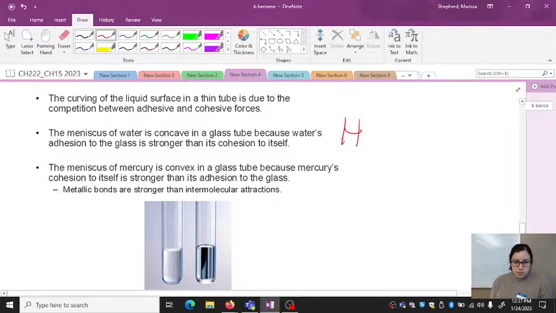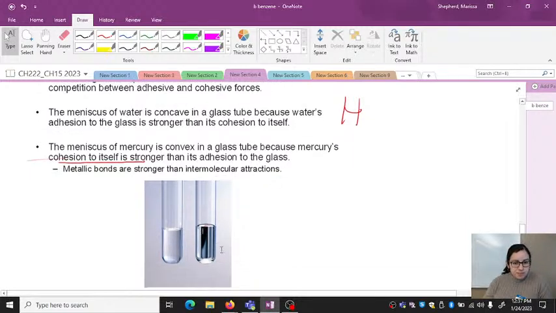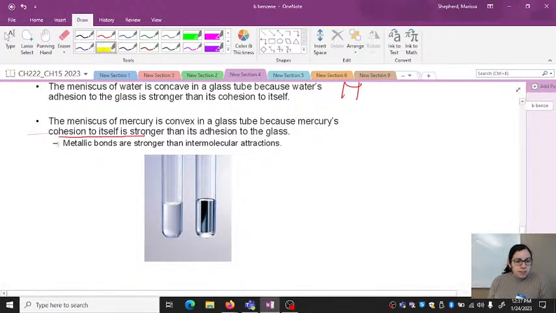So for water, the attractive forces help draw it up, versus mercury, where mercury's cohesion to itself is stronger. So it's trying to cohere to itself versus the glass. And this is apparently due to metallic bonds being stronger than intermolecular attractions.